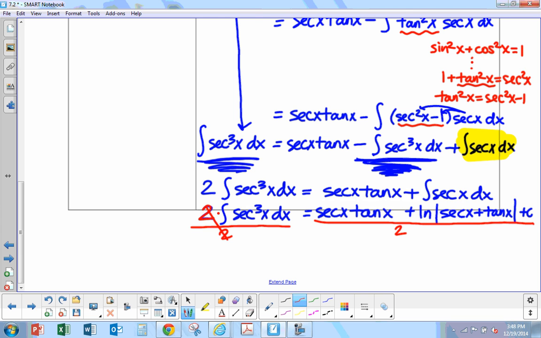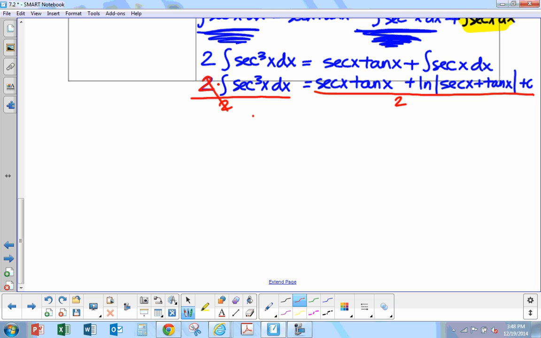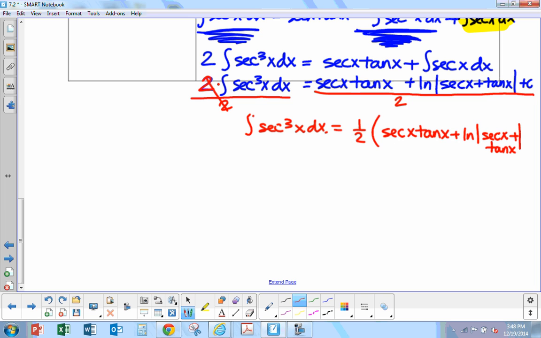That's kind of annoying to write, so most likely you'll see the answer given as integral of secant cubed x dx equal to 1/2 times, and I'm just going to do the whole quantity, secant x tangent x plus natural log absolute value secant x plus tangent x. I'm going to close my parenthesis, and then I'm going to do my plus c.